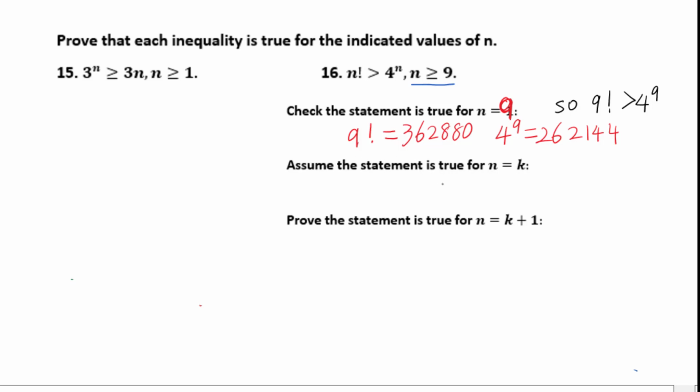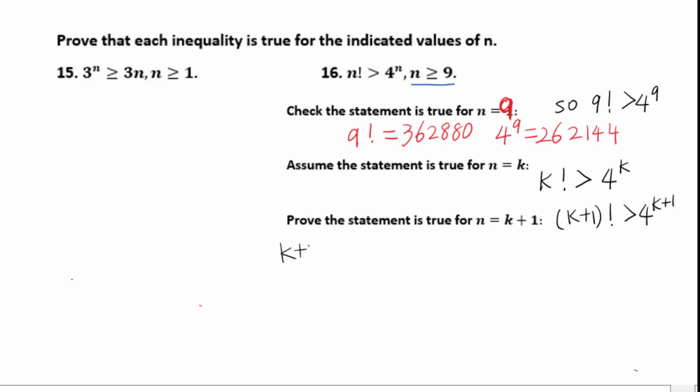Assume the statement is true for n equals k, which means k factorial is greater than 4 to the k's power. Prove the statement is true for n equals k plus 1. We want to prove k plus 1 factorial is greater than 4 to the k plus 1's power.